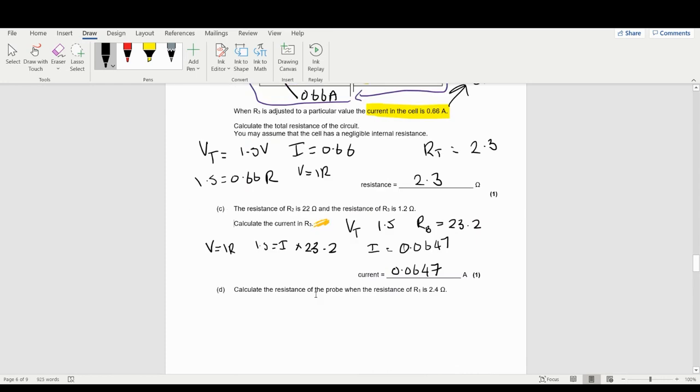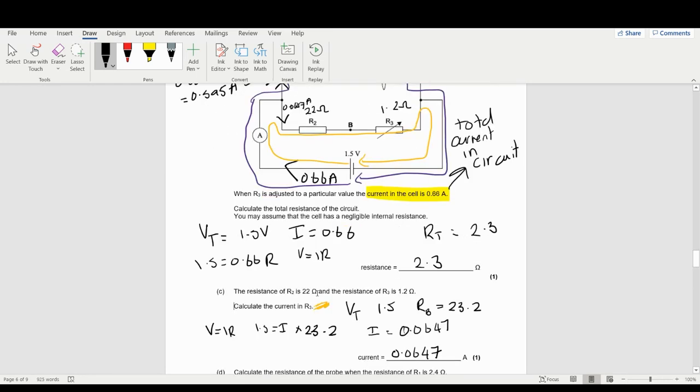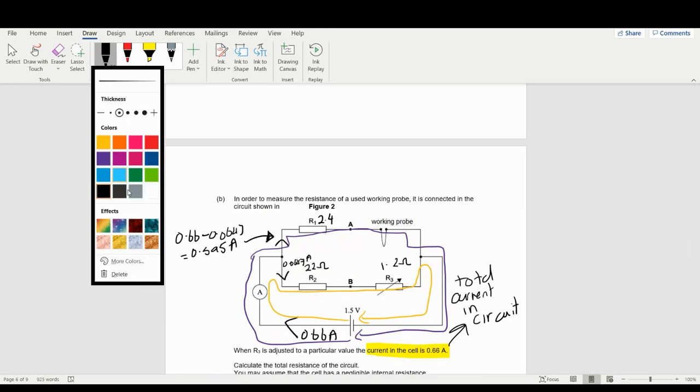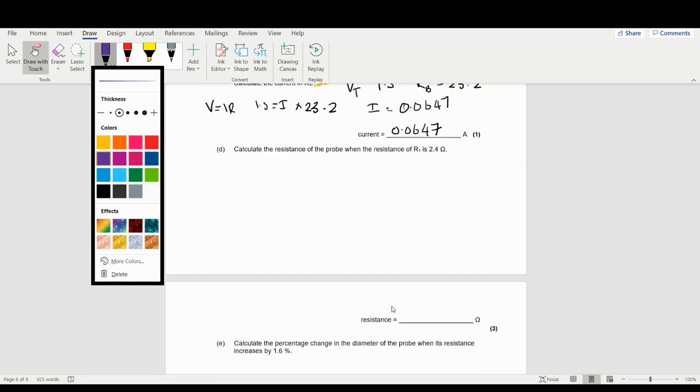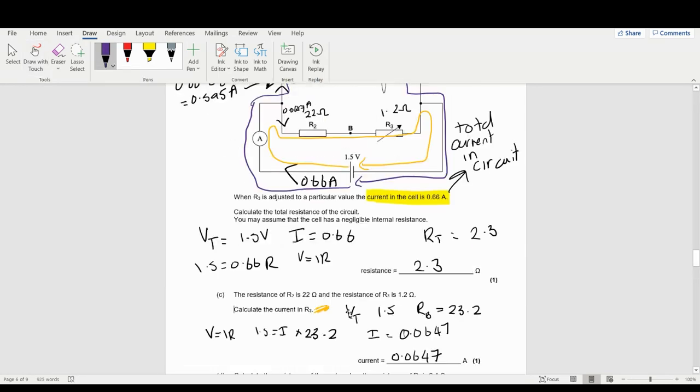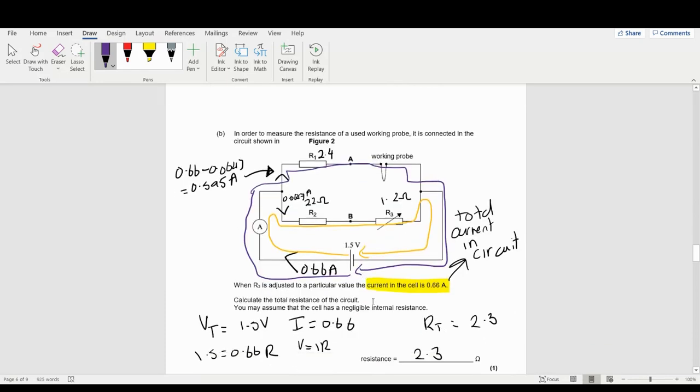So it says here, calculate the resistance of the probe when the resistance R1 is 2.4. So this is 2.4. And again, this is going to be the purple route. So the electrons are going to be losing that here. So this is the purple route here. So the electrons are going to be losing 1.5 volts as they go through R1 and the probe.